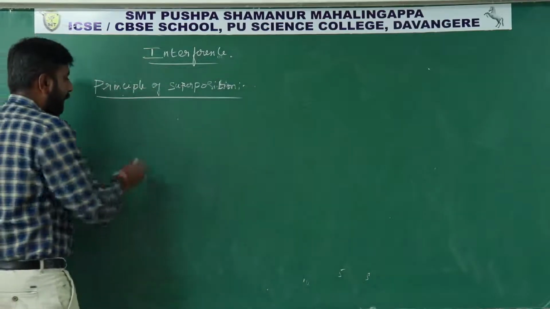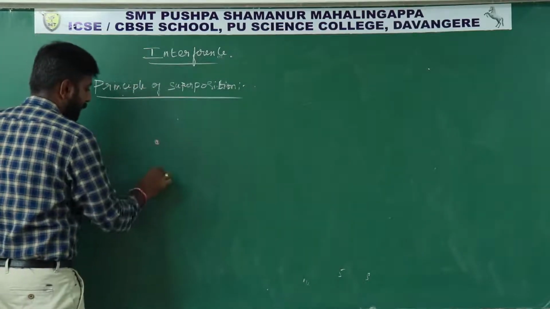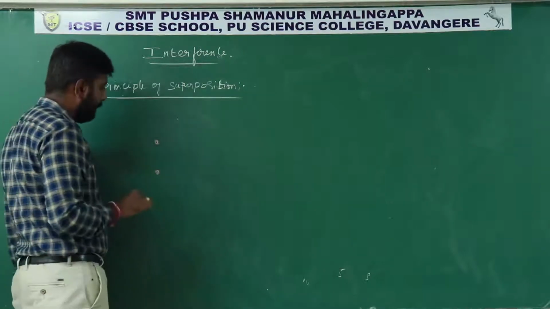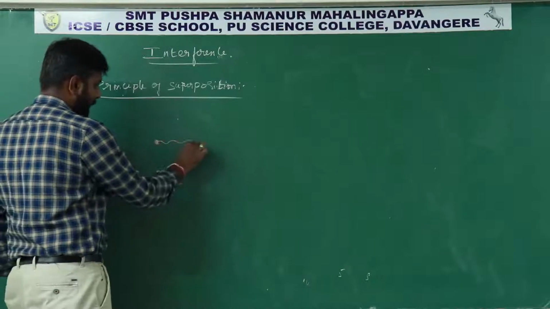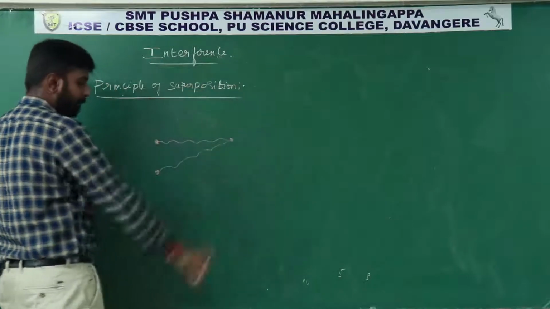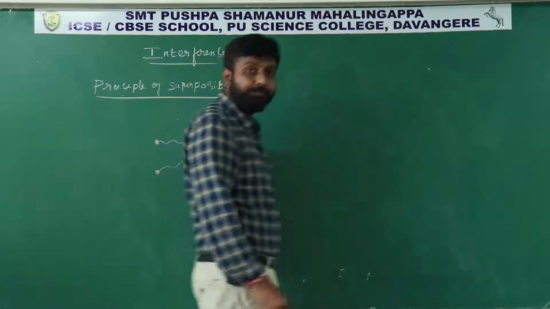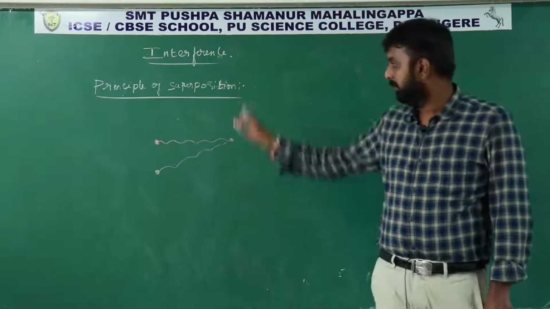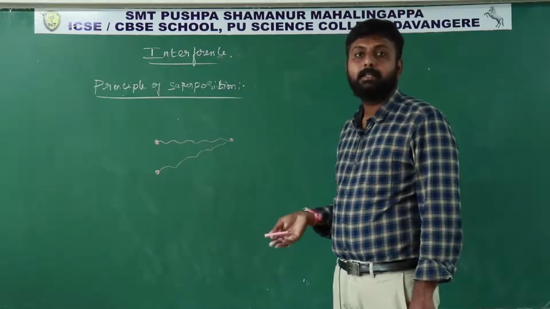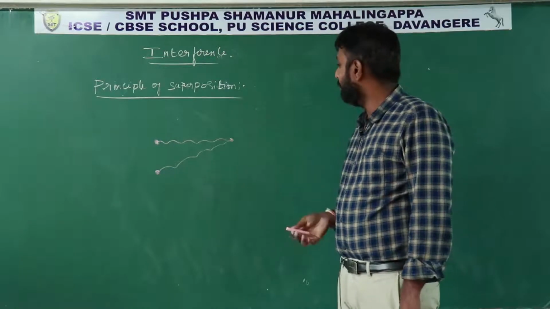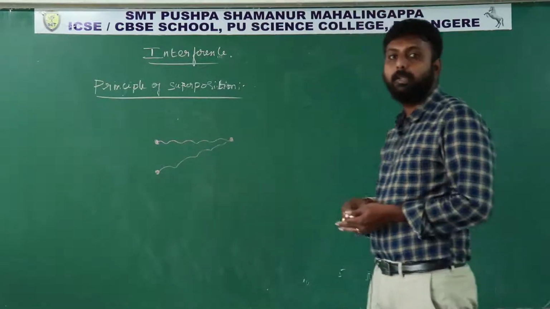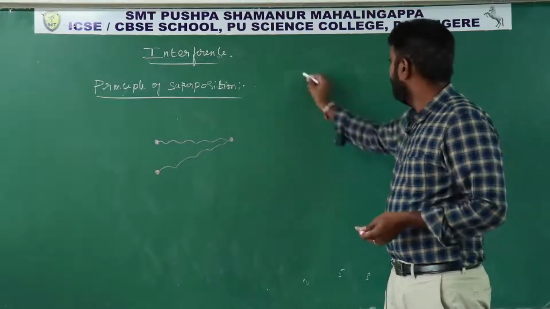If you have two waves in a medium, then two or more waves superimpose at some point in that medium. Then at this point, according to superposition, the resultant displacement of a particle or wave is this.